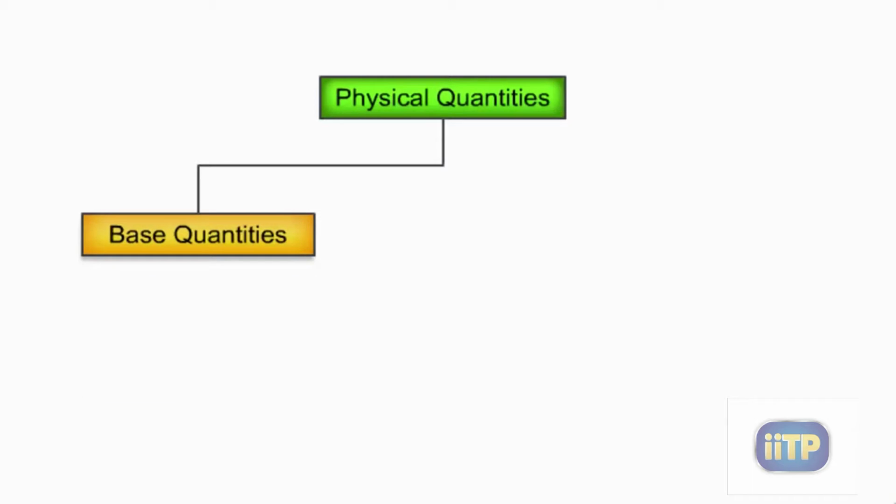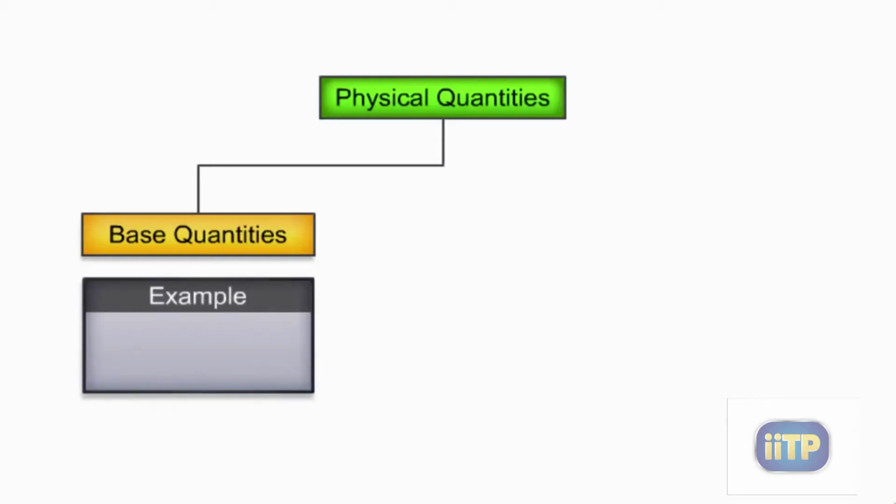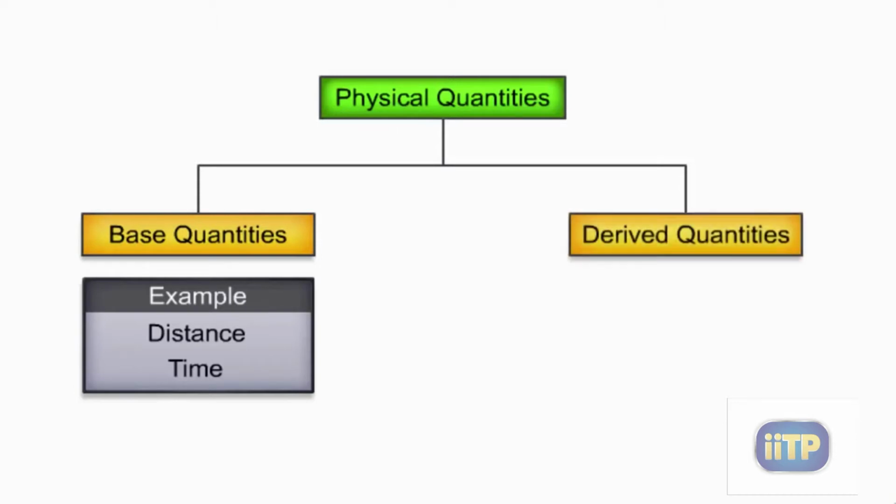For example, distance, which is a measure of length, is a fundamental quantity. It's the same with time. The other quantities which are expressed in terms of their fundamental quantities are called derived quantities.